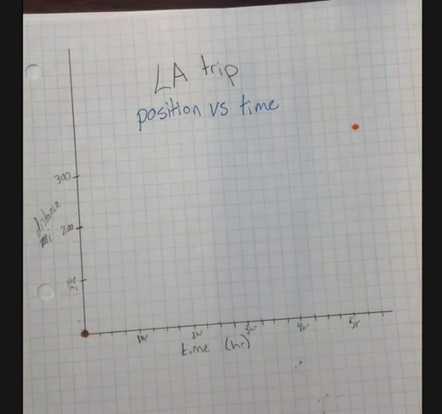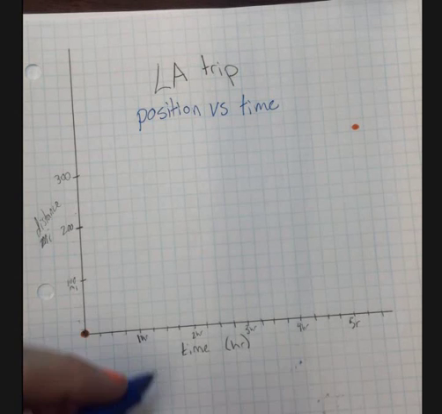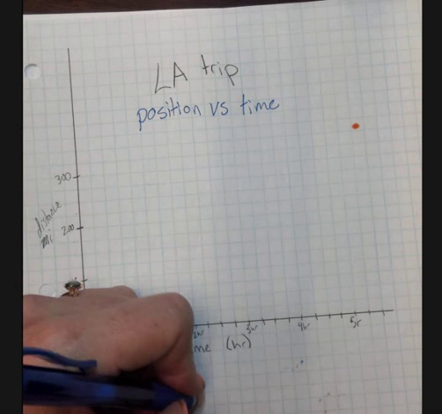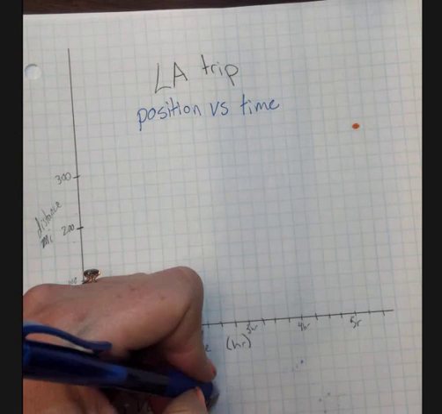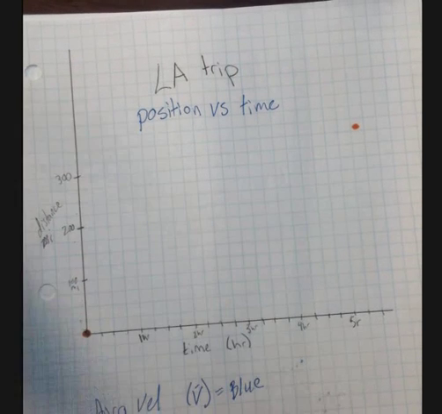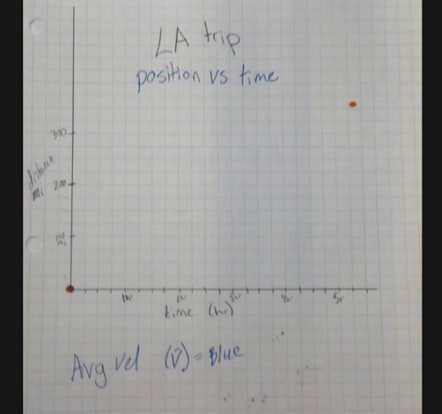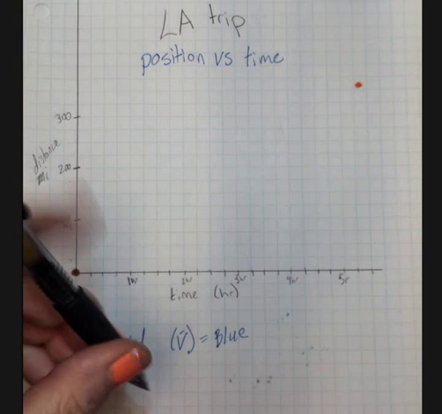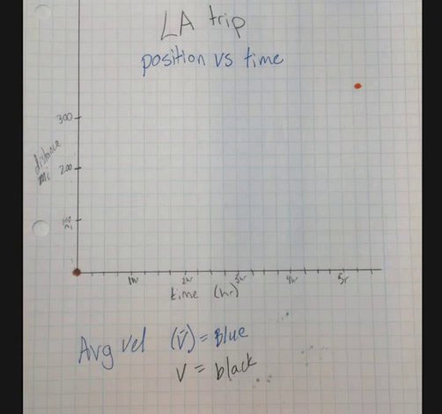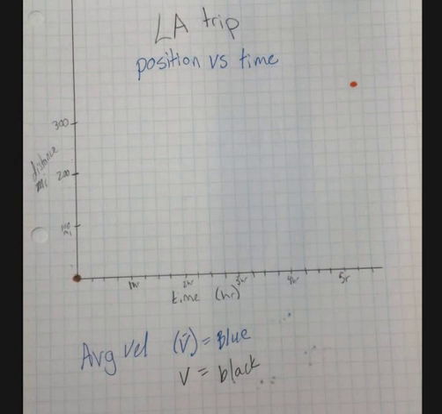All right, and we're going to call average velocity, remember that's v bar, our solid blue line. And our instantaneous velocity, which is just v, is going to be our black line. So we're going to start by considering our instantaneous velocity.